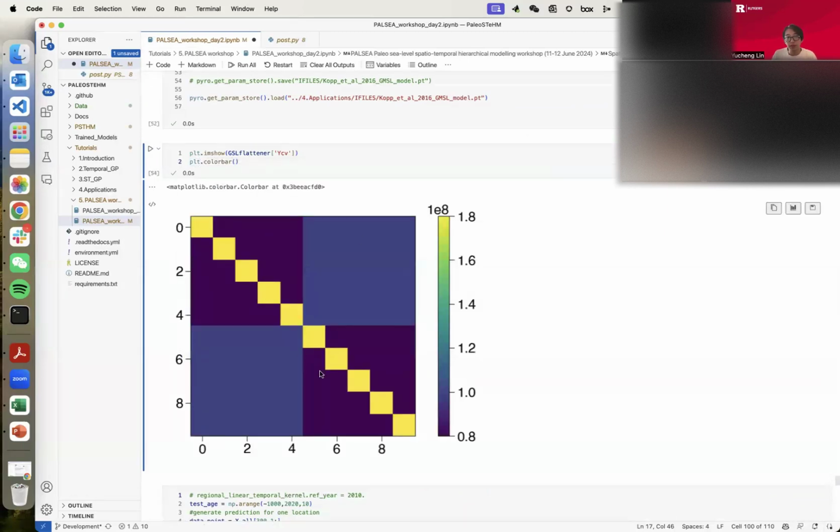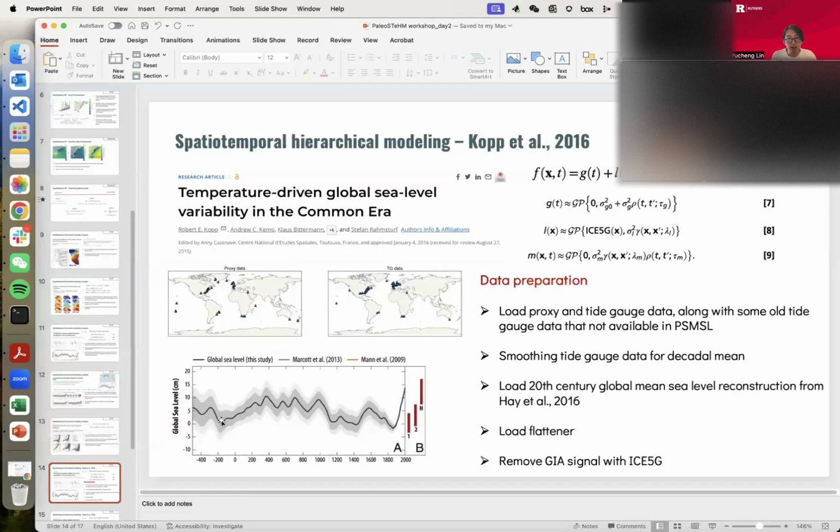You see that on the diagonal, the variance for each synthetic data point is really low. These four data points are from -100 to 100 CE, and they have really high correlation with the data points at 600 to 1800 CE. That's why you see the resulting reconstruction here, with sea level between -100 and 100 and 600 and 1800, kind of similar.